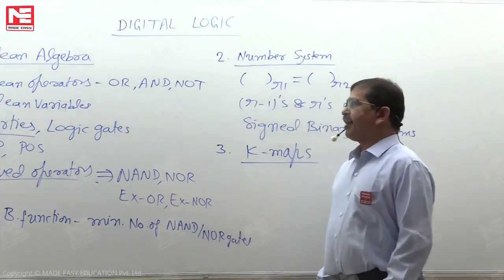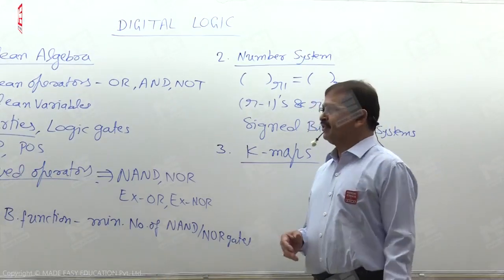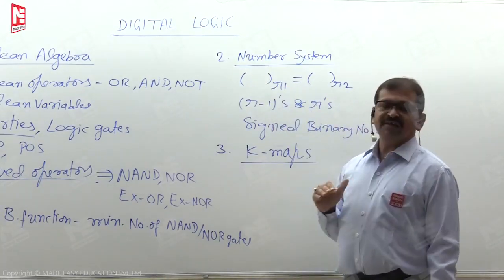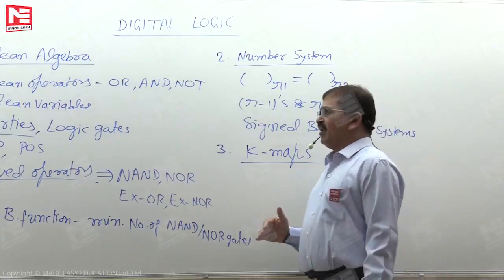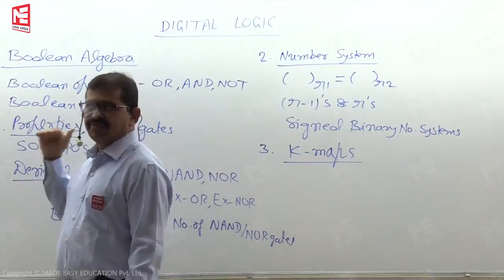When we are reading the minimal expressions using Boolean algebra properties, we have certain limitations to read the minimal or simplified expressions.